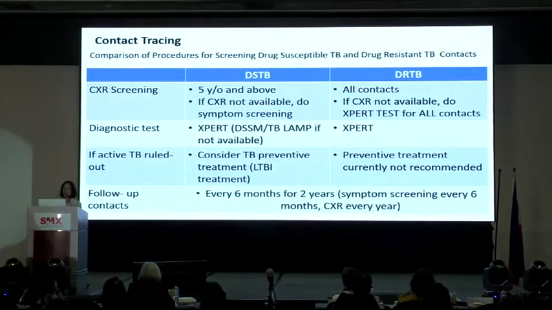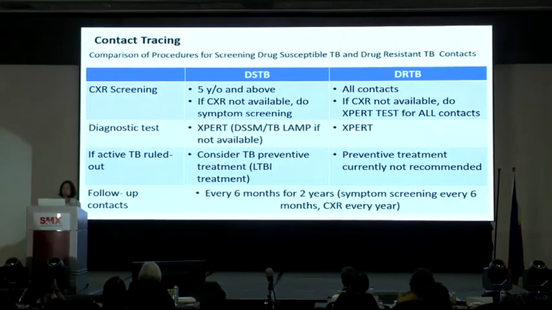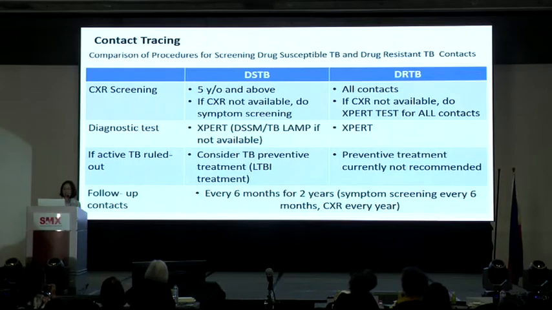And if we don't have chest x-ray, then we'll do expert. For drug-susceptible TB, it's expert, but if it's not available, we have an option to do direct sputum smear microscopy first. But for the contacts of drug-resistant TB, it's expert right away.